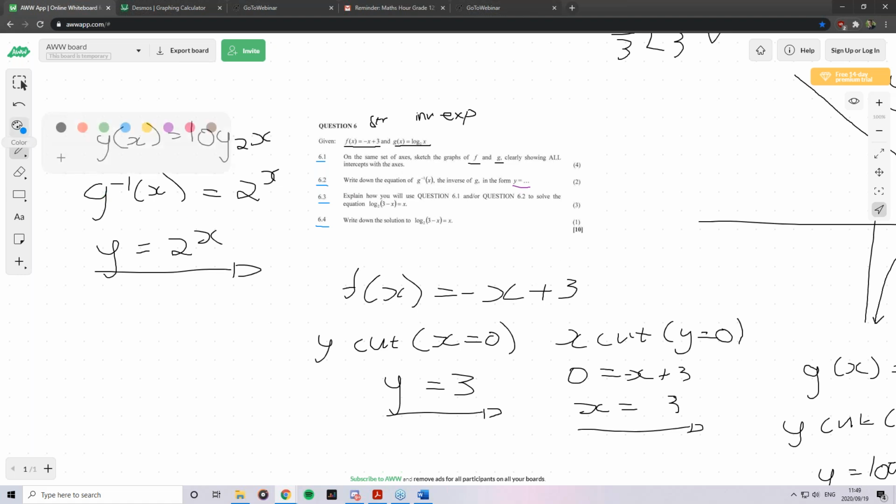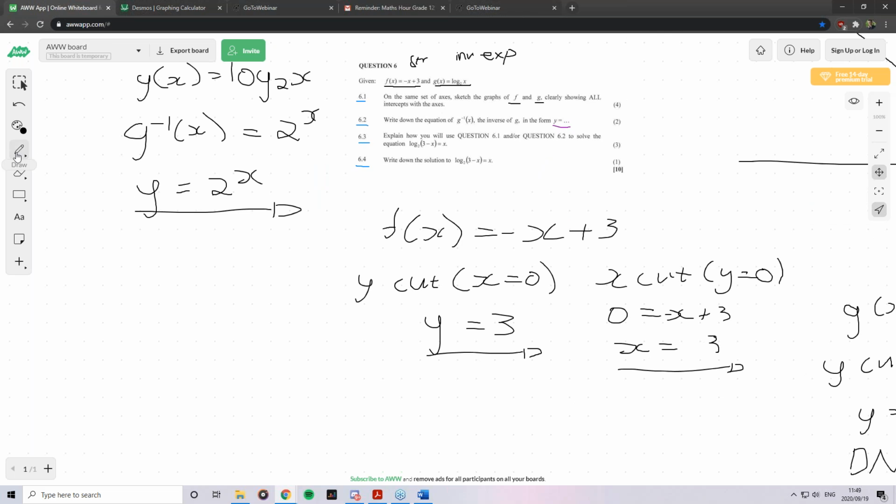Okay, cool. So we have log base 2 of 3 minus x is equal to x. What this means by their definition earlier is that 2 to the power of x is equal to 3 minus x. What do we note here?